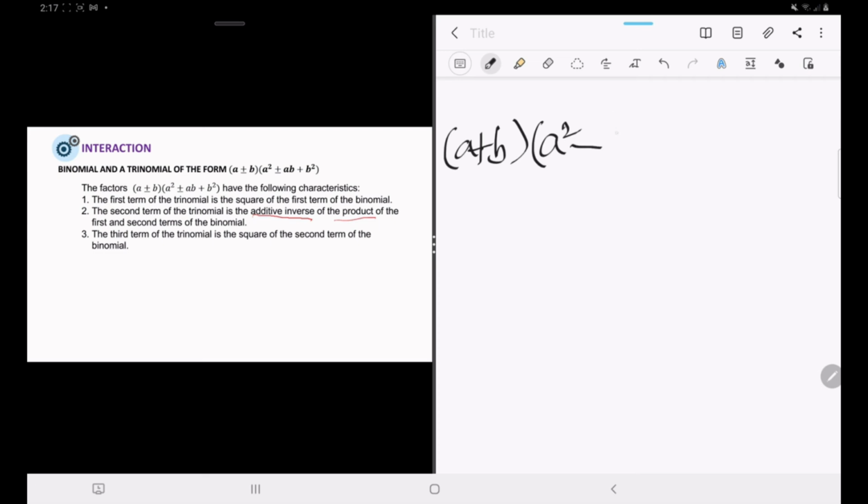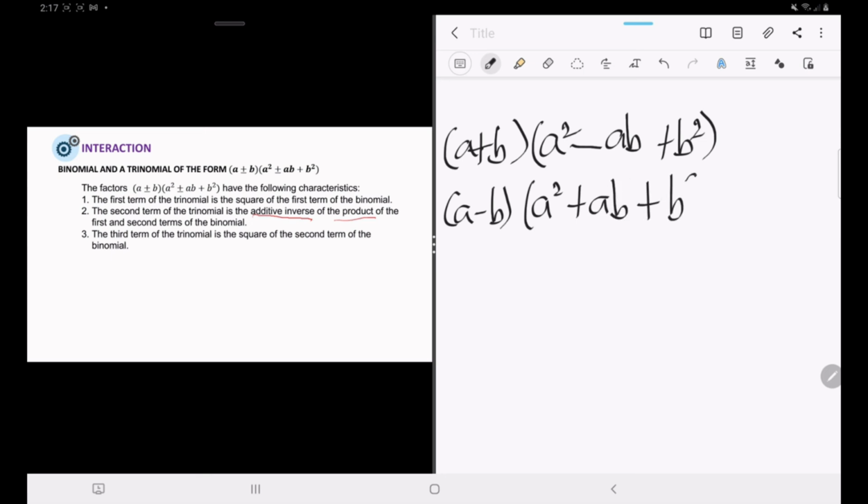It's minus ab, and then the third term of the trinomial is the square of the second term of the binomial, plus b squared. And then if it's a minus b, we have a squared, then the second term is the additive inverse of the product of the first and second term. So this is plus ab plus b squared. So those are the characteristics.